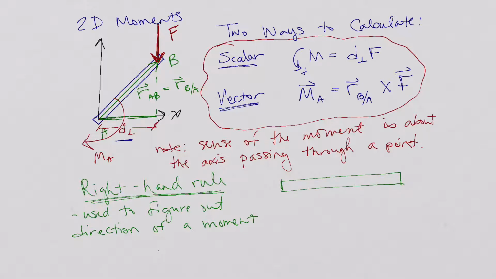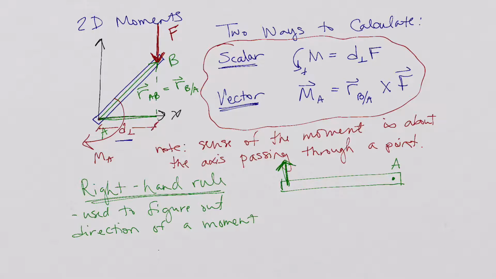Let's say we're interested in the moment about point A, and we have a force that's going straight up here. With the right-hand rule, A is the axis of rotation. We take our right hand and take our fingers along from A to that force, and then we curve the fingers in the direction of the force.